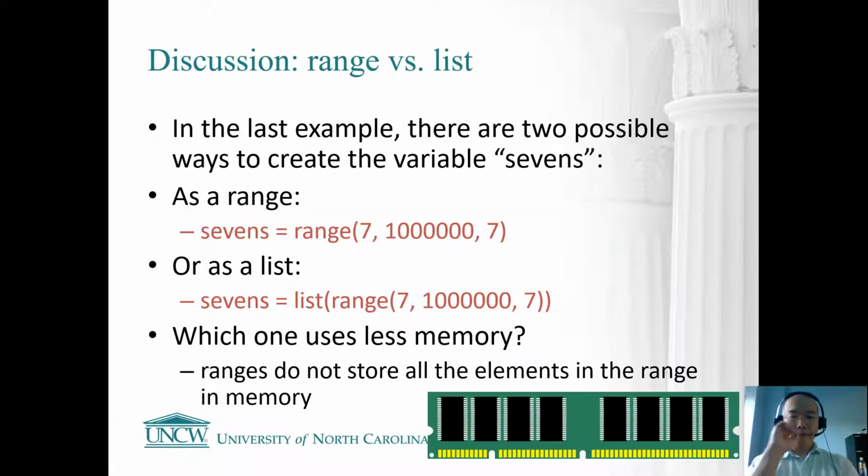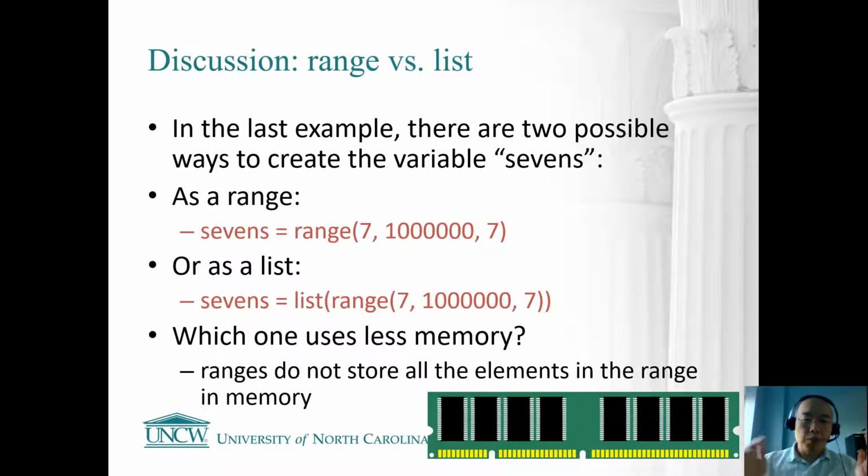Here's another question, and you are going to learn more about this when you are doing the 242, I believe. There are two versions of the sevens. Number one, we can do a range from 7 to 1 million with the step size of 7. Another way is, how about we cast that into a list? We still create the same range, but now I cast that into a list, so we have a list of the numbers.